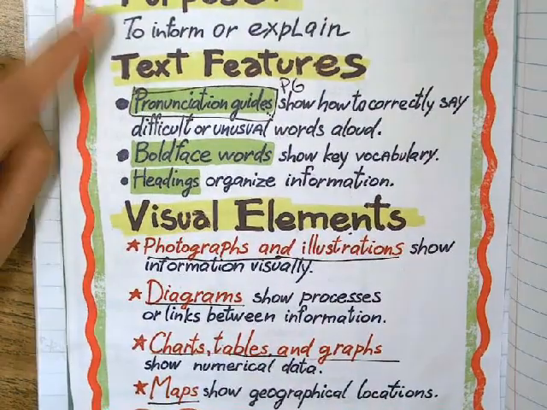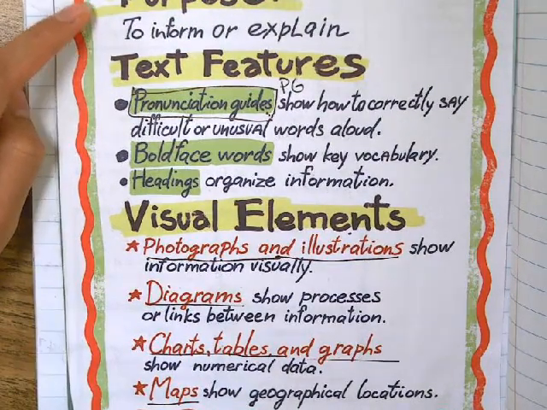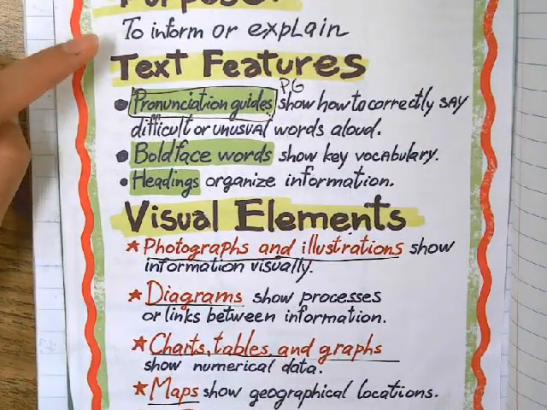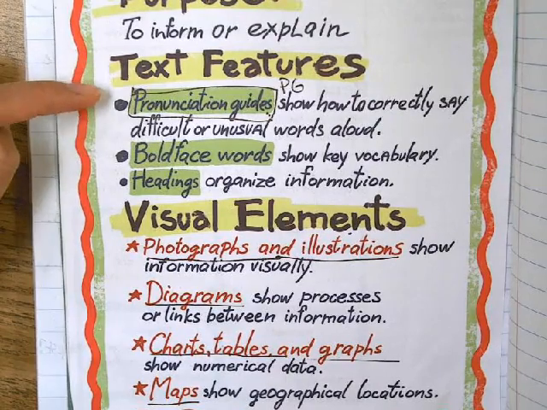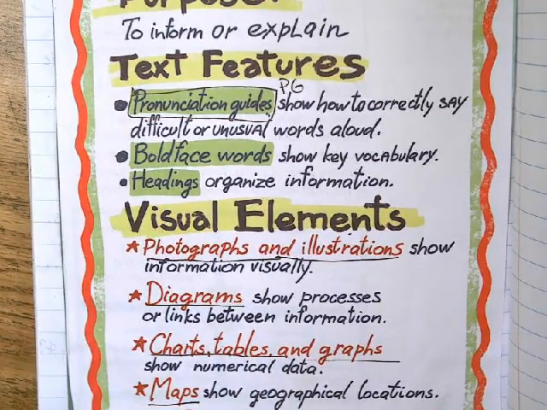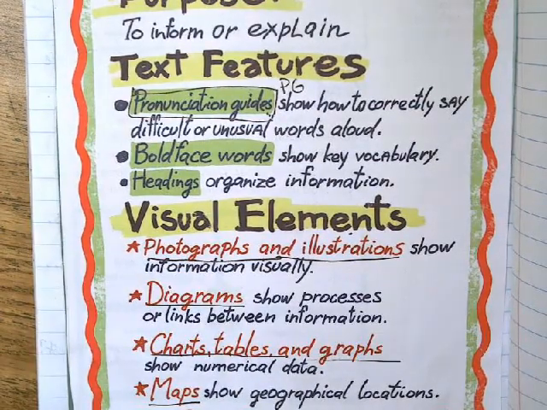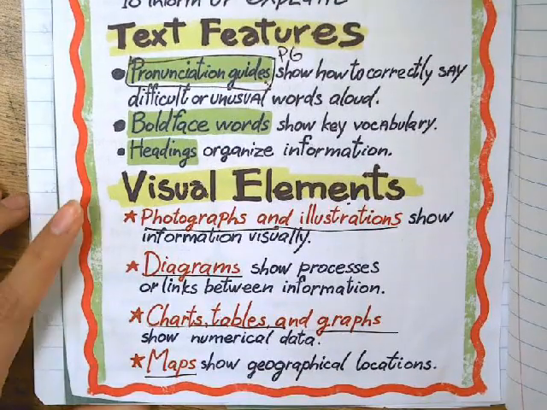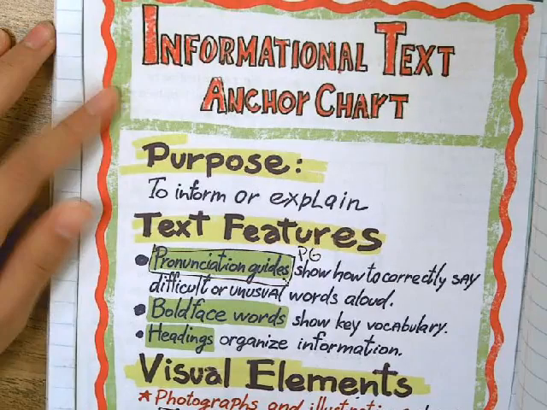Again, the purpose of informational text is to inform or explain. Some of the text features we'll find are pronunciation guides, and we see that a lot in our My World book. We see bold-faced words as well. We see headings, right? We've been seeing that a lot in our Science Fusion and My World books because they're both informational types of text.